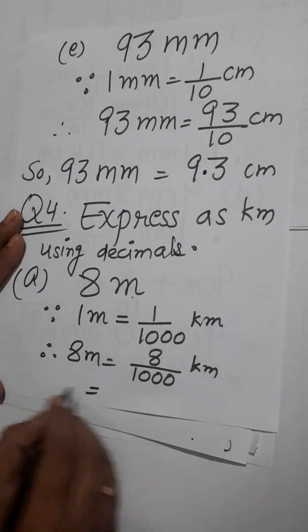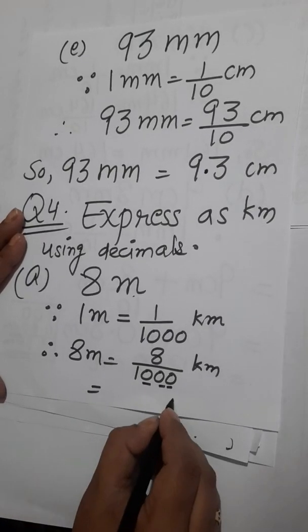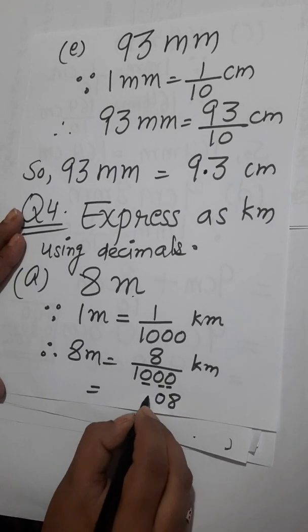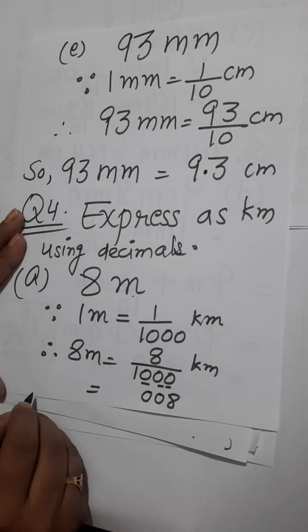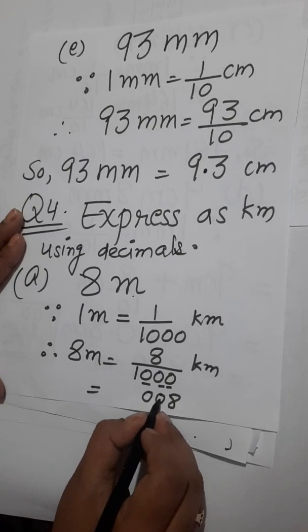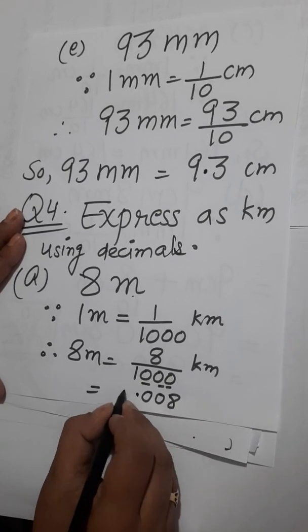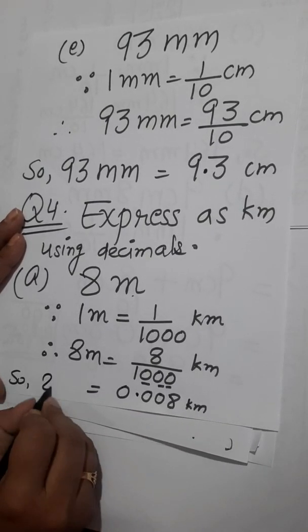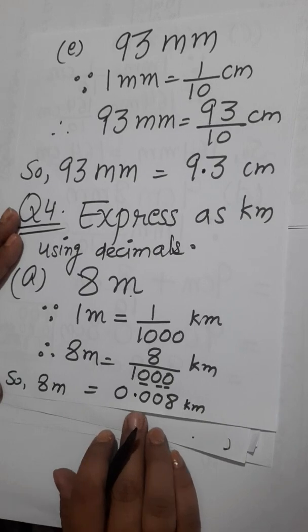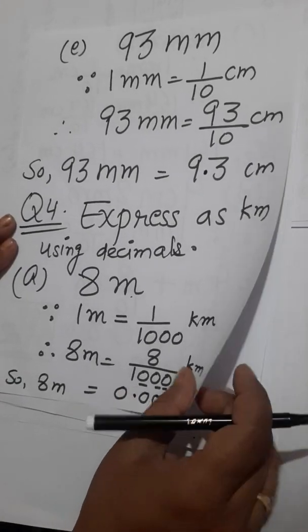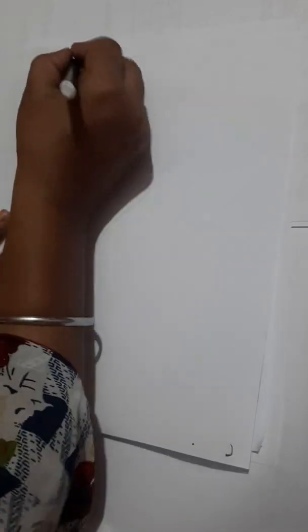Now you have to put the decimal, but here we have 3 digits, so I will write 8 first, then before 8 I will write 0, then again this 0. Now count the digits 1, 2, 3, put the decimal. So this is your required answer: 8 meter is equal to 0.008 kilometer.